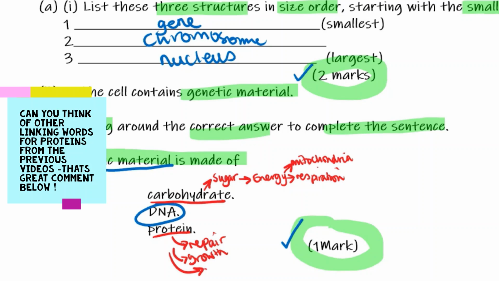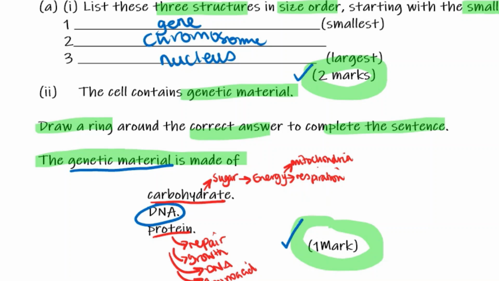We should think of DNA. We should think of amino acids. Whenever we think of DNA, we should think of the nucleus. We should think of chromosomes. When we think of chromosomes, we should think of genes. When we think of genes, we should think of features.